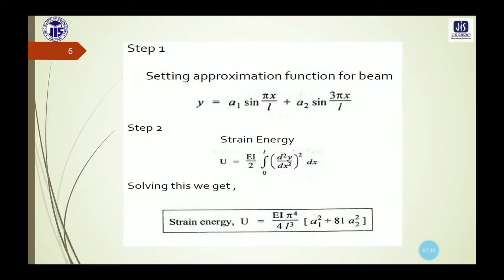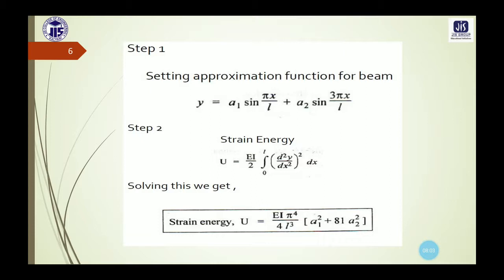So what was the step 1 here? The step 1 is setting up an approximation function for the beam. And depending on the beam or bar, that approximation function should be polynomial or trigonometrical.